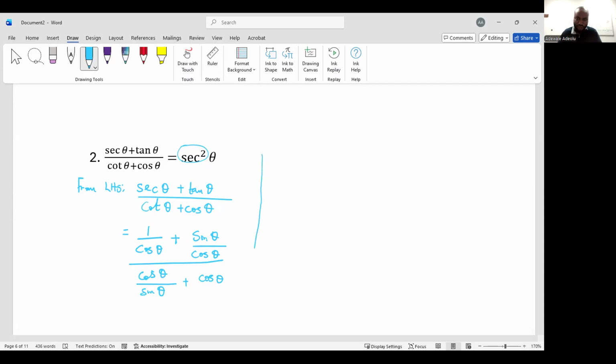Okay, I will continue from this side equals to, for the numerator, just like we did the other time, I can have 1 plus sine of theta divided by cosine of theta divided by, so for this part, that would be cosine of theta plus cosine of theta sine of theta divided by sine of theta.